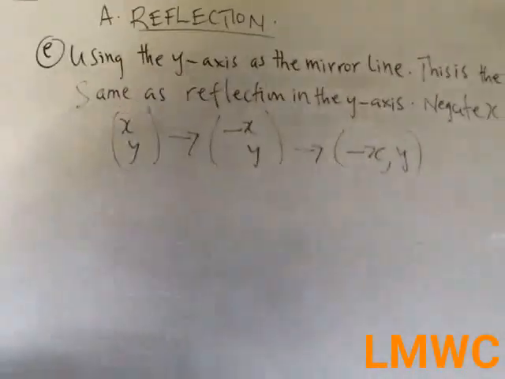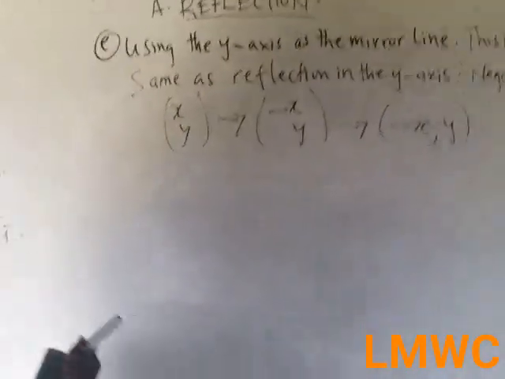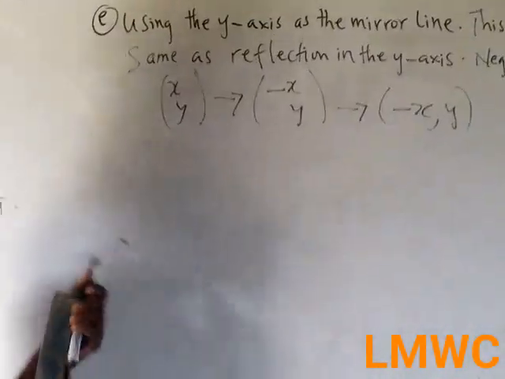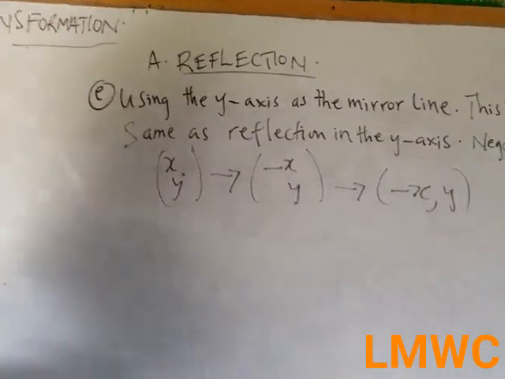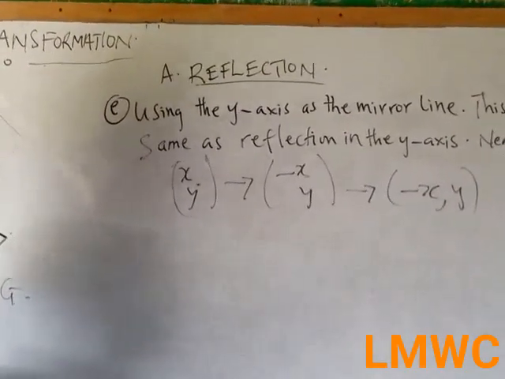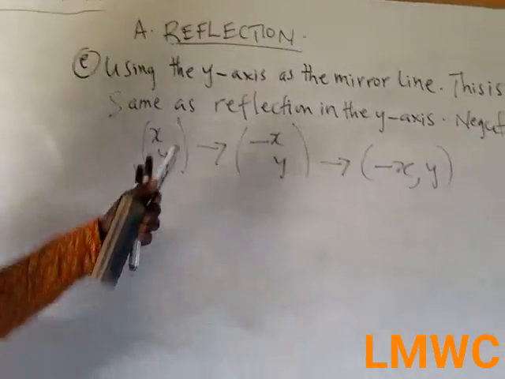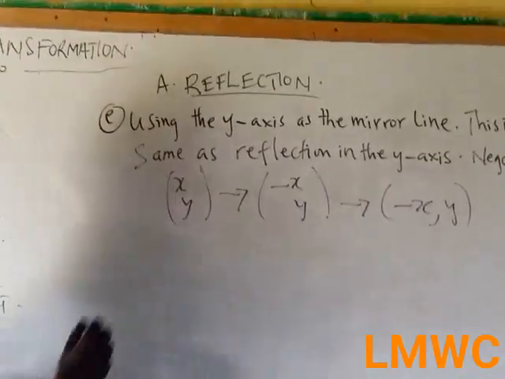The next one, using the y-axis as the mirror line. This is the same as reflection in the y-axis. If they want to confuse you, they will bring using the y-axis as the mirror line. Please don't get confused. It's the same as reflection in the y-axis. And we know under reflection in the y-axis, you negate x.